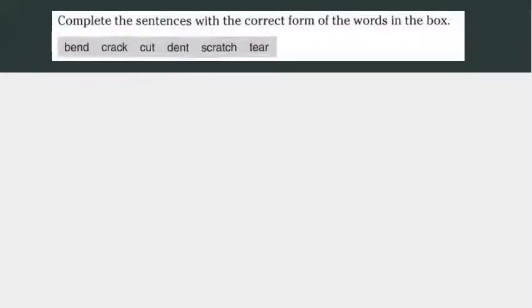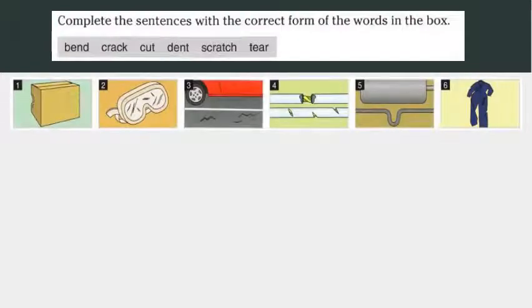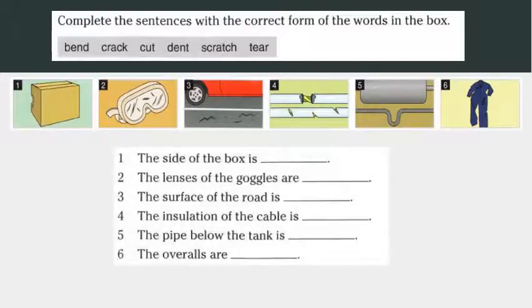Complete the sentence with the correct form of the words in the box. The side of the box is dented. Then the lenses of the goggles are scratched.